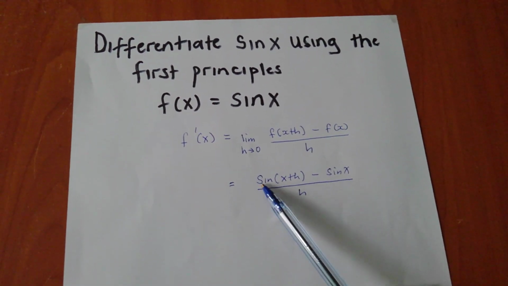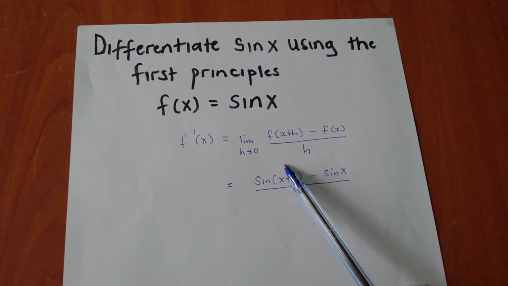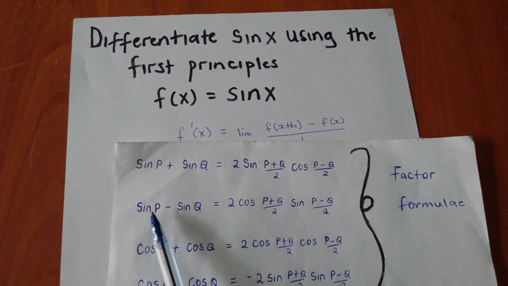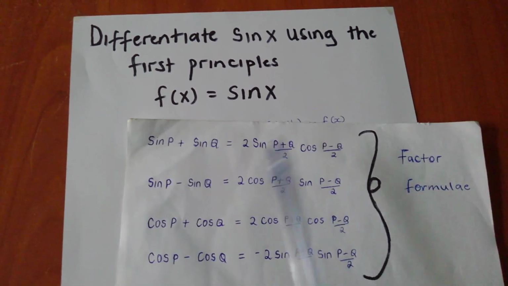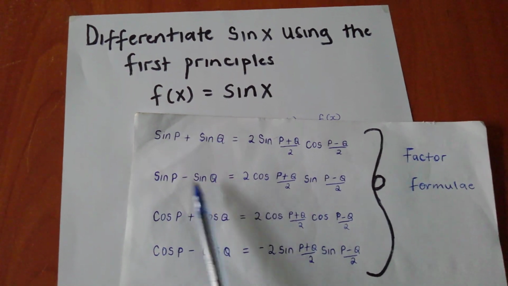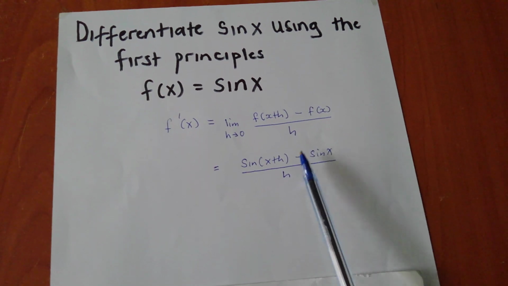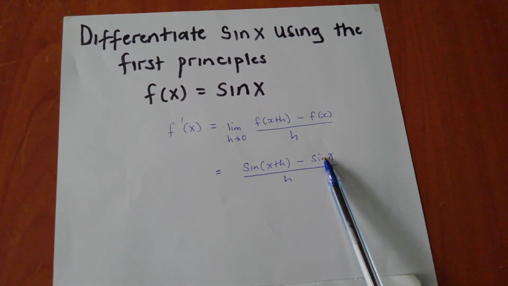So here I have sine (x plus h), so this one is considered as my p, and the x here is considered as q, and here I have a minus. So in here also I have a minus, so I have sine minus sine x.